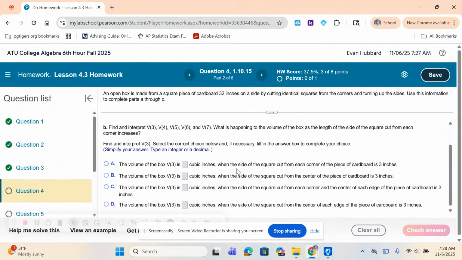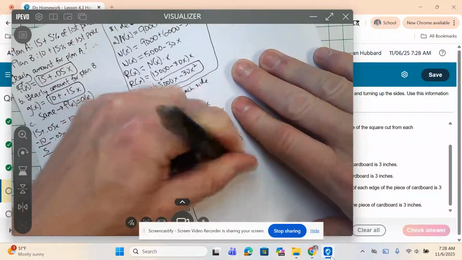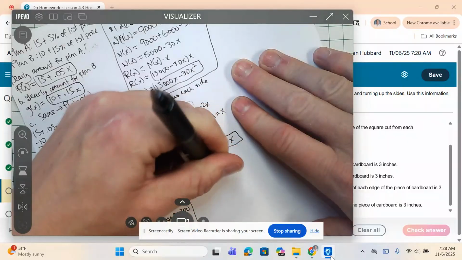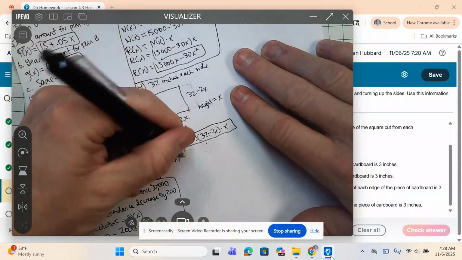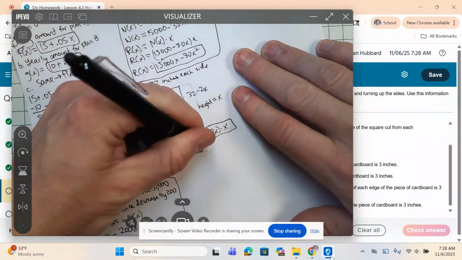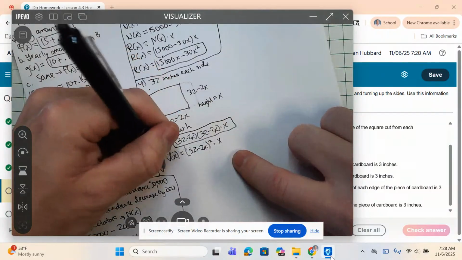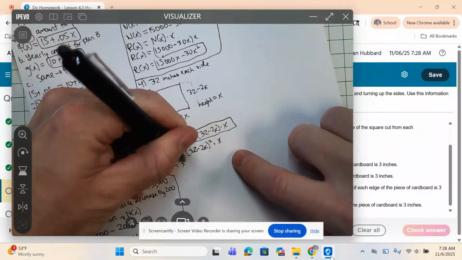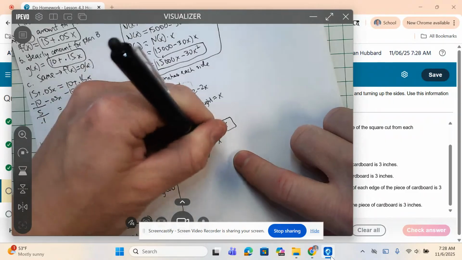I'm going to rewrite this as squared. So V of x is equal to 32 minus 2x squared times x. This is going to make this easier. So V of 3, I'm going to do 32 minus 2 times 3 squared times 3.